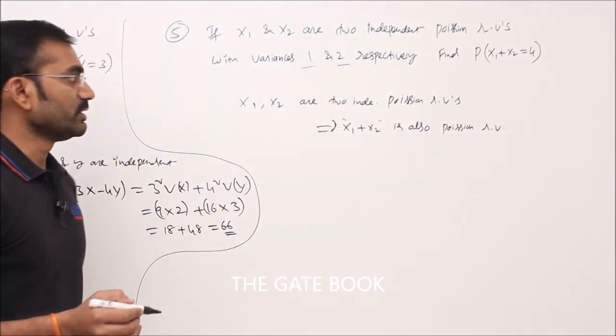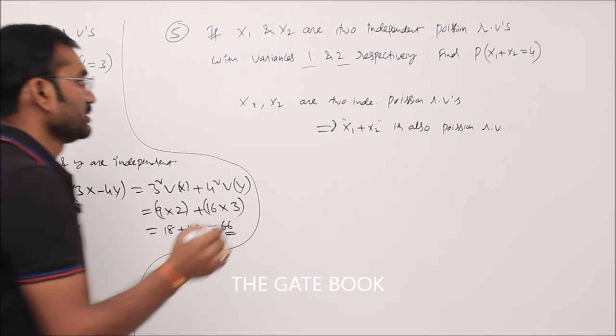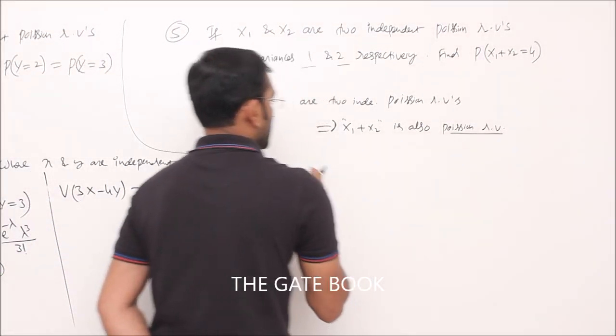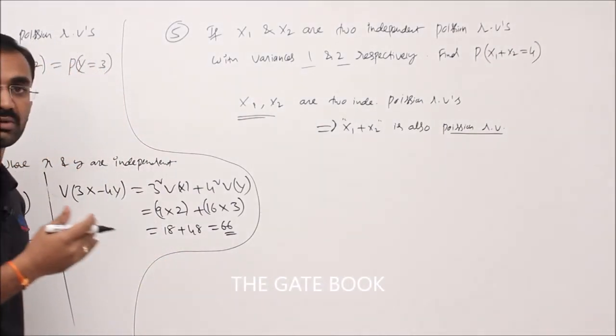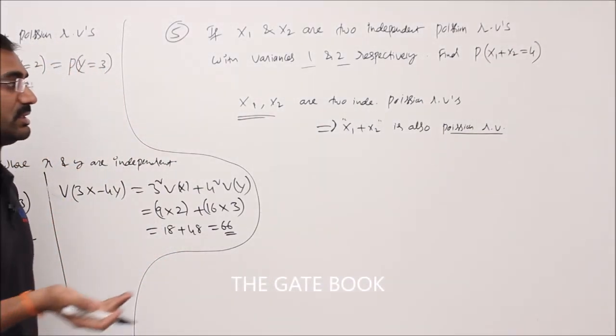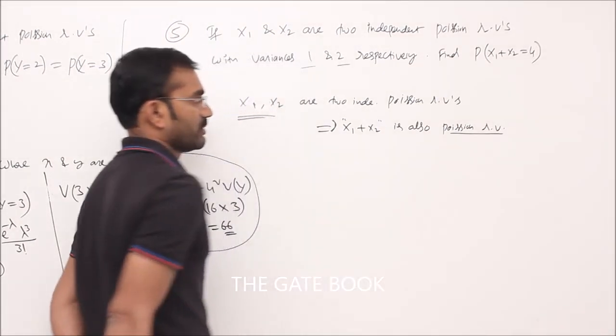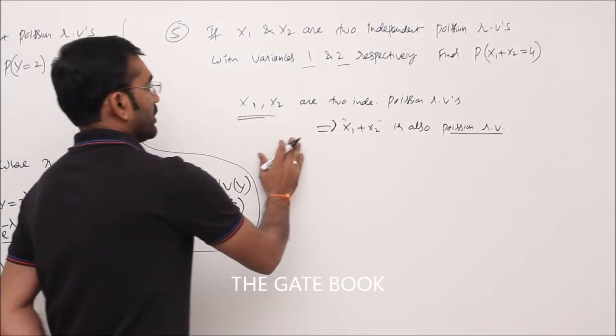If x1, x2 are two independent Poisson random variables, then their sum is also a Poisson random variable. Similarly for binomial also, if x1, x2 are two independent binomial random variables, the sum x1 plus x2 is also a binomial random variable.